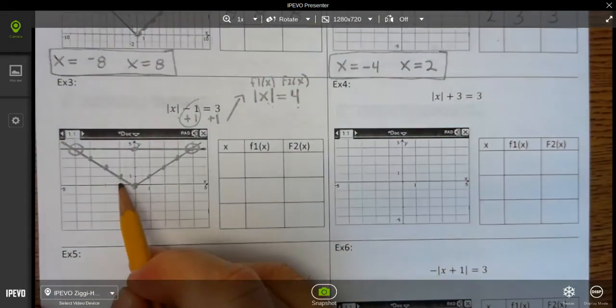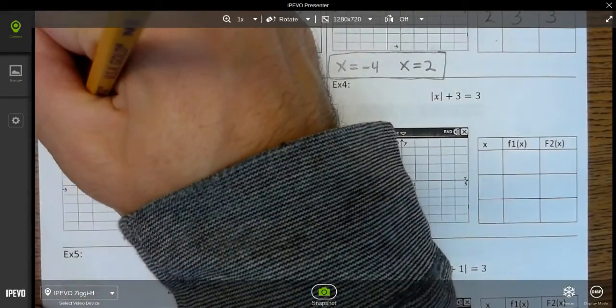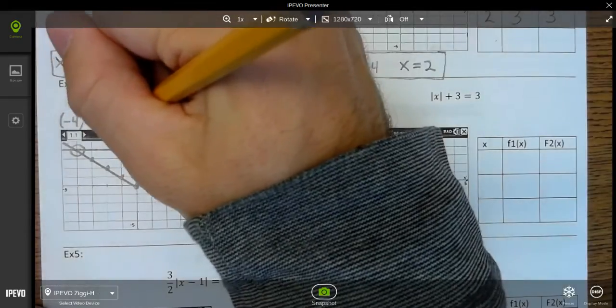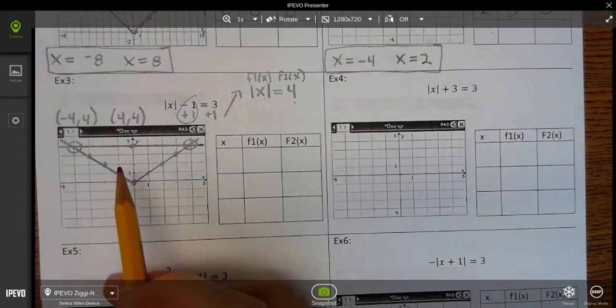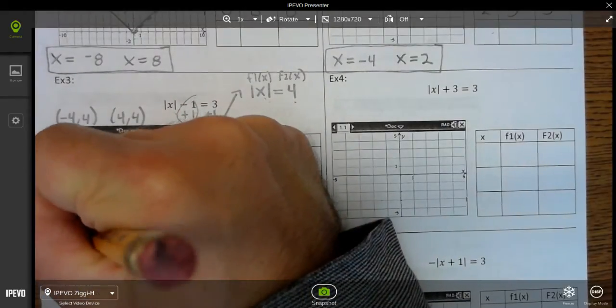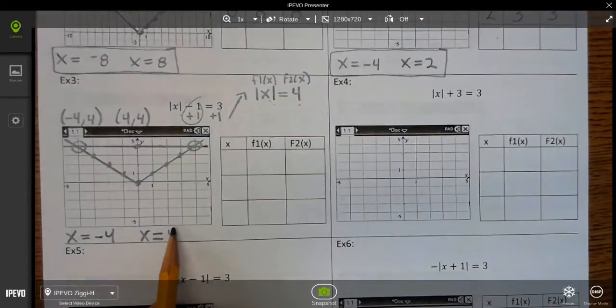So this point is negative 4, 4. And this point is 4, 4. So again, step 4 says find the x values. The x values are negative 4 and 4. So x equals negative 4 and x equals 4 are the solutions.